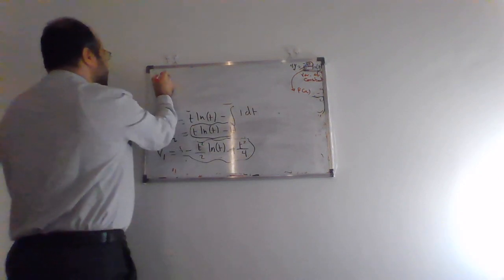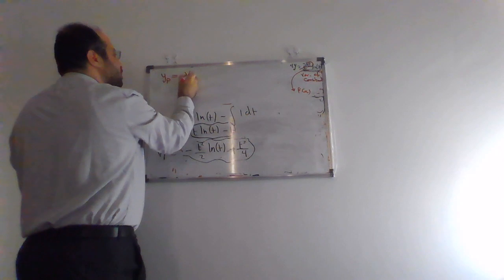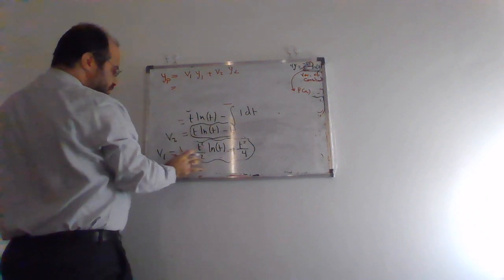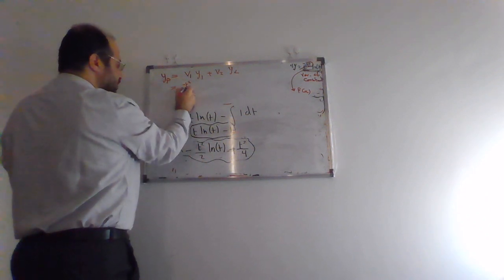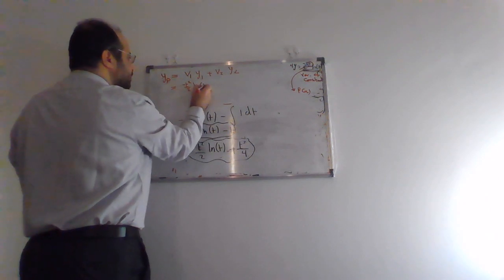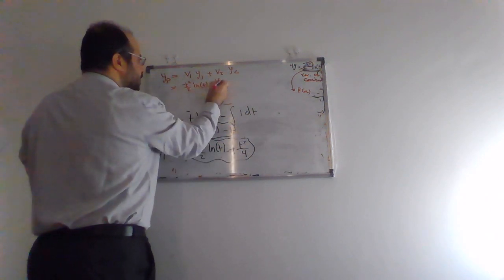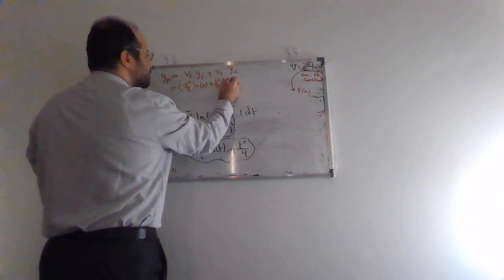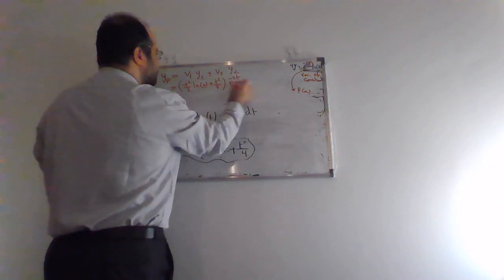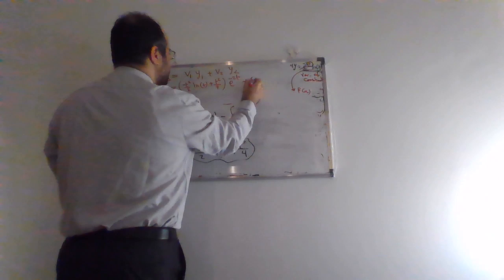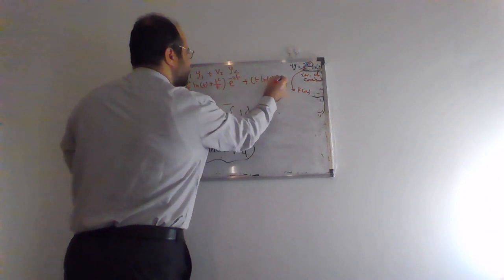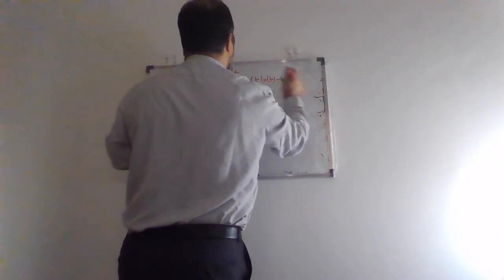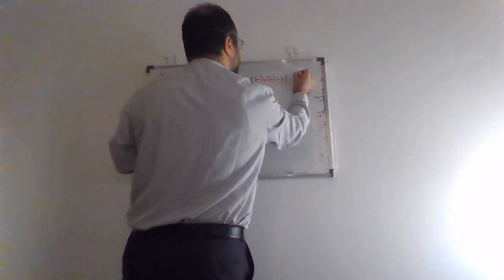So here is the y particular. It is v1 y1 plus v2 y2, right? And v1, we know that this is minus t squared over 2 ln of t, plus t squared over 4, times y1. y1 was e to the minus 2t, and then plus v2, which is t ln of t minus t, times y2, which is t e to the minus 2t.